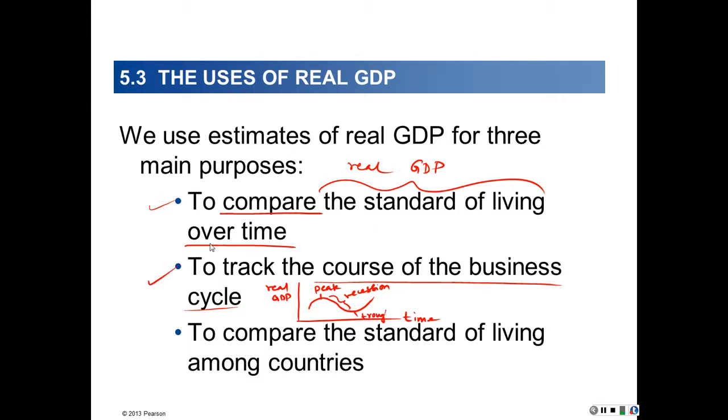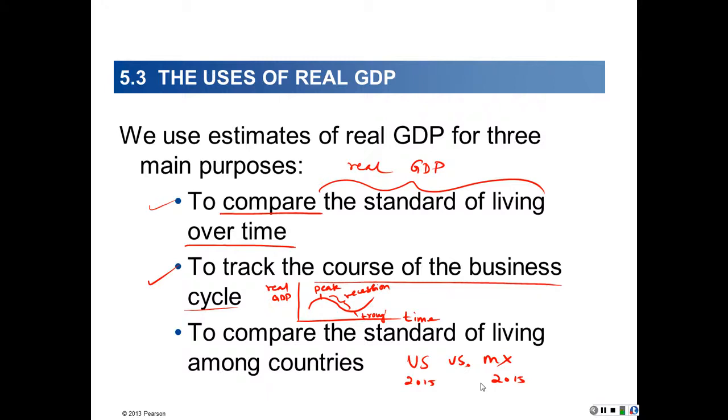And the third use is to compare the standard of living among countries. In other words, to compare the US to, let's say, Mexico. The US versus Mexico. So in order to do that, what would we do? We would not go across time or anything. We're looking at the same year. So let's say 2015 is the year we're looking at for both countries, right?